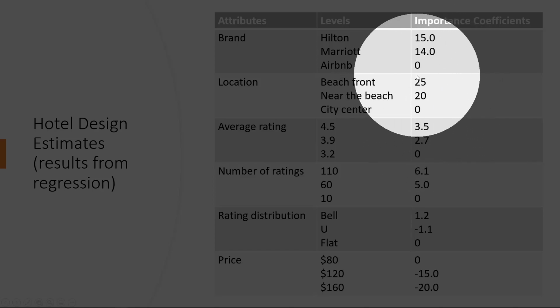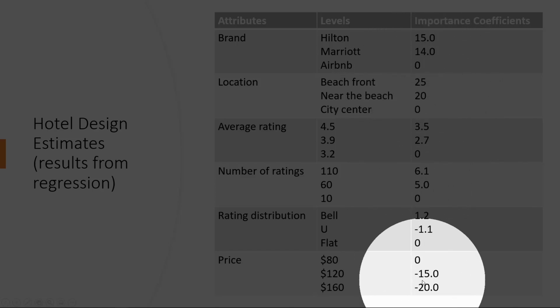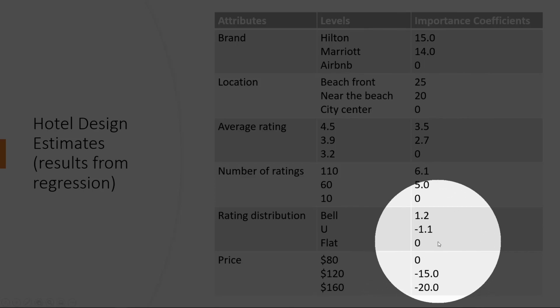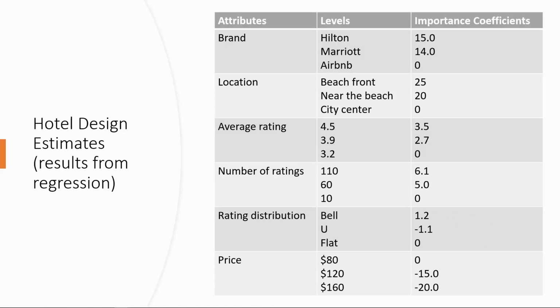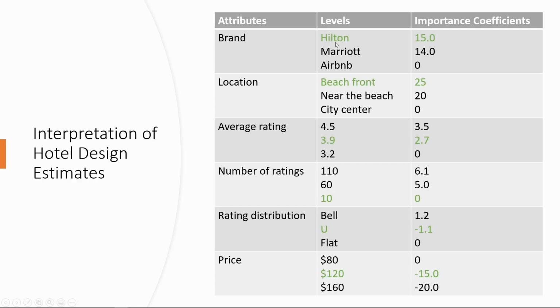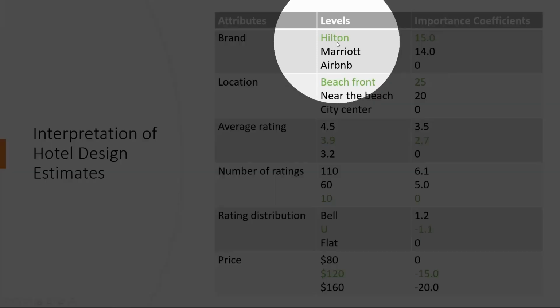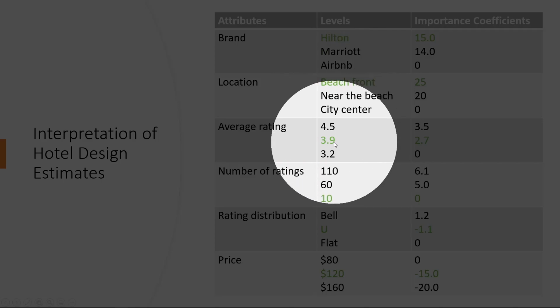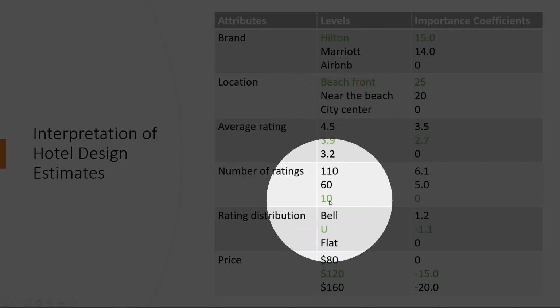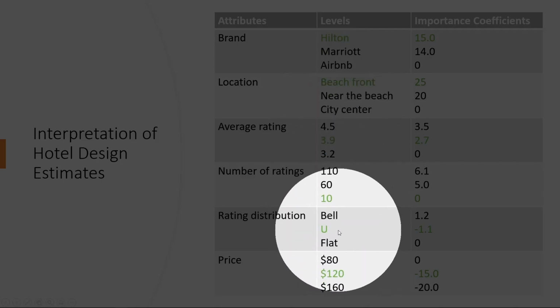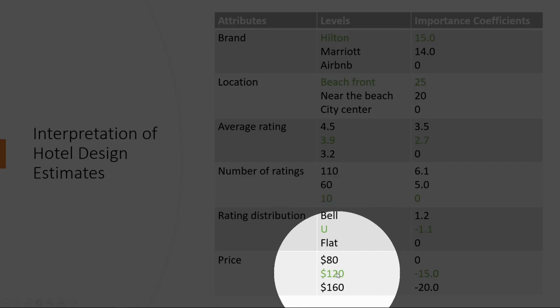So now we have these coefficients for all the attributes. And we can make use of these coefficients by predicting the preference score of a specific hotel. For example, let's say I have a hotel profile like this. Let's say we have a Hilton on the beachfront, average rating 3.9, number of ratings 10, rating distribution is U-shaped, and the price is 120.